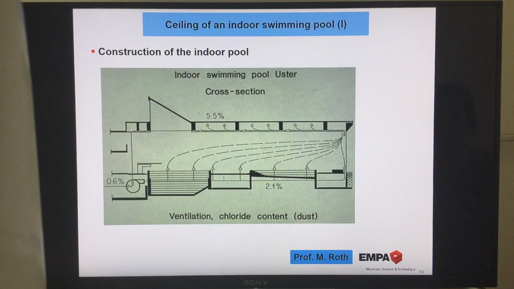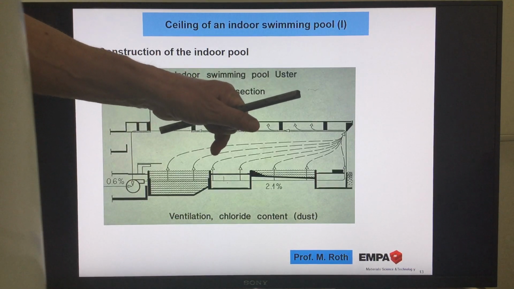What does it mean? When you have relatively warm, humid air and you have cold metal, you can make a very easy test. When you have a shower, you have two taps, two pipes. One pipe is cold, one pipe is hot, and you mix it. Maybe next time when you have a shower you make a big steam in your shower room, and then you will see where the steam condenses. Of course the steam condenses on the cold pipe, and we have here the same mechanism.